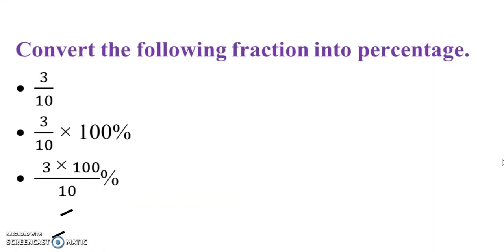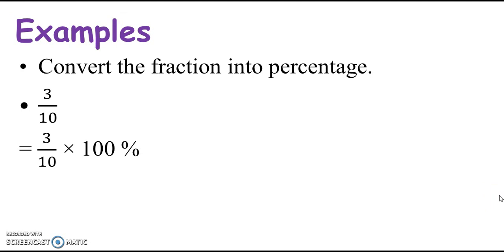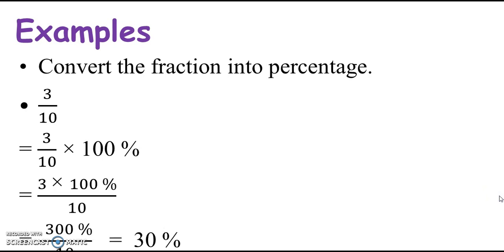Another example. 3/10, it's a fraction. So in order to write the answer as a percentage, you have to multiply the fraction with 100. 3/10 multiplied by 100%. 3 multiplied by 100, its answer is 300%, over 10.